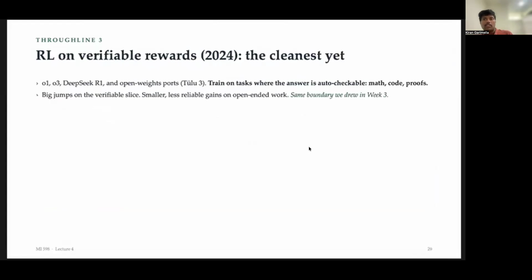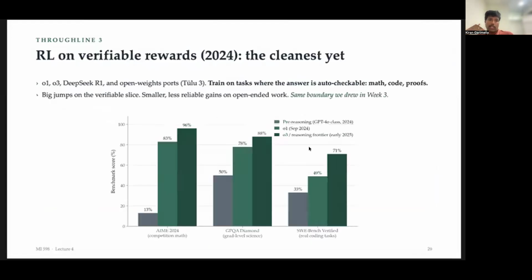Then now we have reinforcement learning with verifiable rewards. This is the second breakthrough. So RLHF and RLVR enable these sorts of models like OpenAI O1, O3, DeepSeek R1, and so on. And this is again a huge breakthrough, which enables this big improvement in benchmarks.